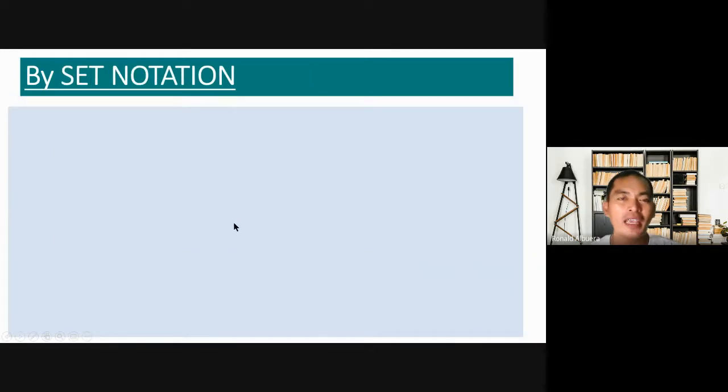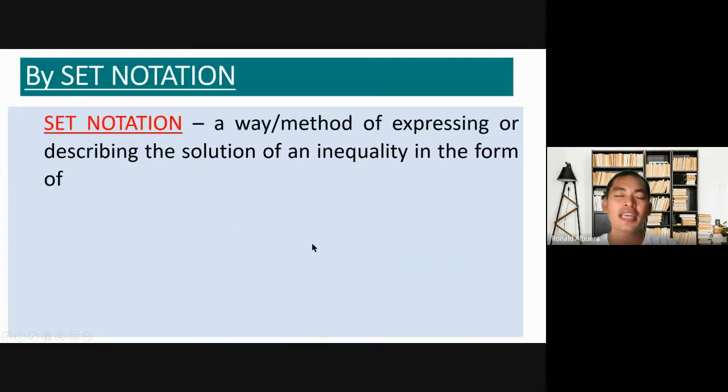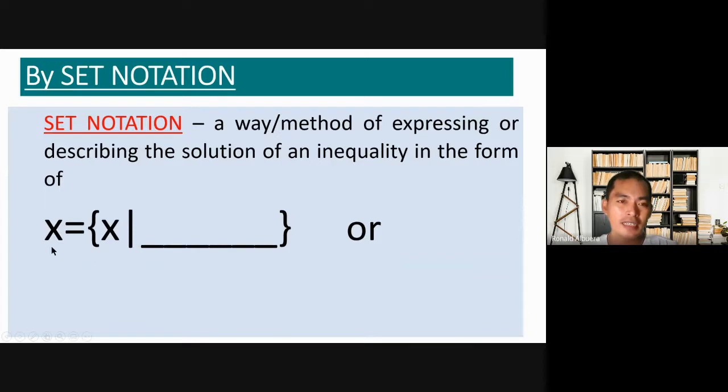Pangatlong way on how to write the inequality is by set notation. So, common na ginagamit as set notation is the set builder notation. Another way of describing a solution of an inequality is in the form of the set builder notation. X is equal to the set of all X such that, for instance, X is less than 5. So, dito sa bakante, dyan mo i-describe or ibibigay yung characteristic ng solution.